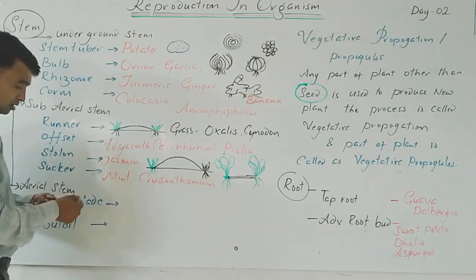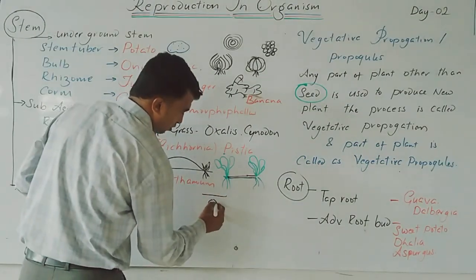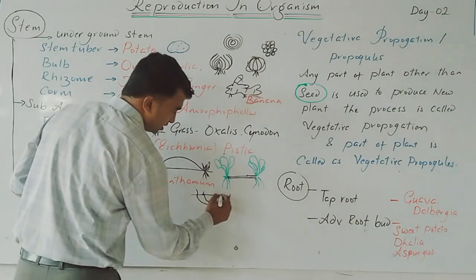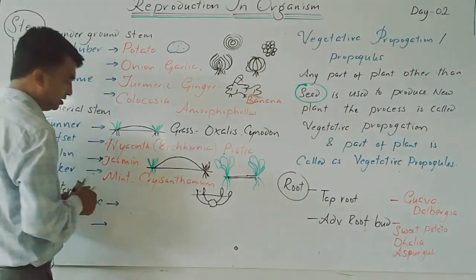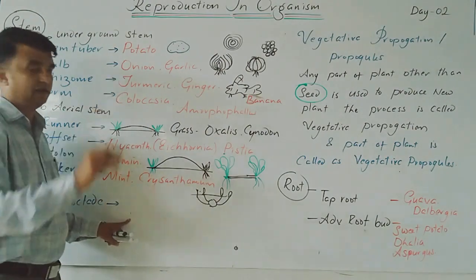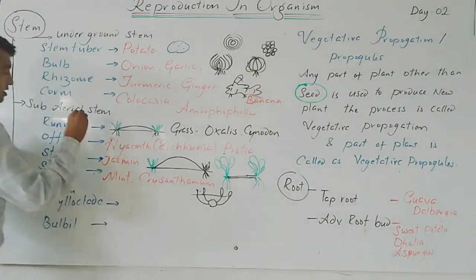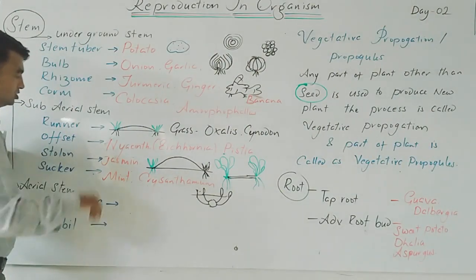So sucker means this is the underground rhizome. From that, the branches will arise and go upward above the ground and produce leaves. It will grow a little bit obliquely, emerge and develop into a new plant. So this is a subaerial stem modification for vegetative propagation.